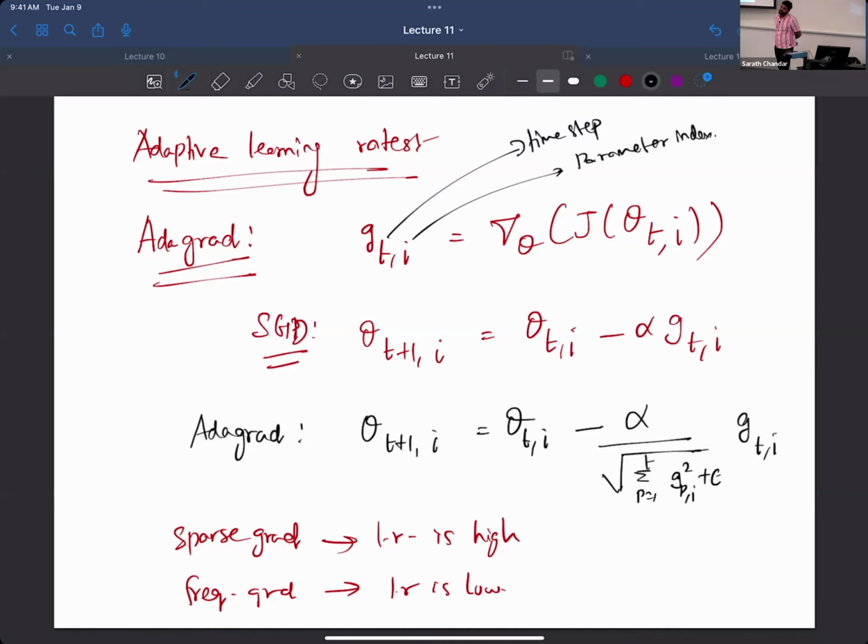So this whole thing finds the learning rate, which is going to be multiplied by the gradient. So you mean just normalize the gradient?